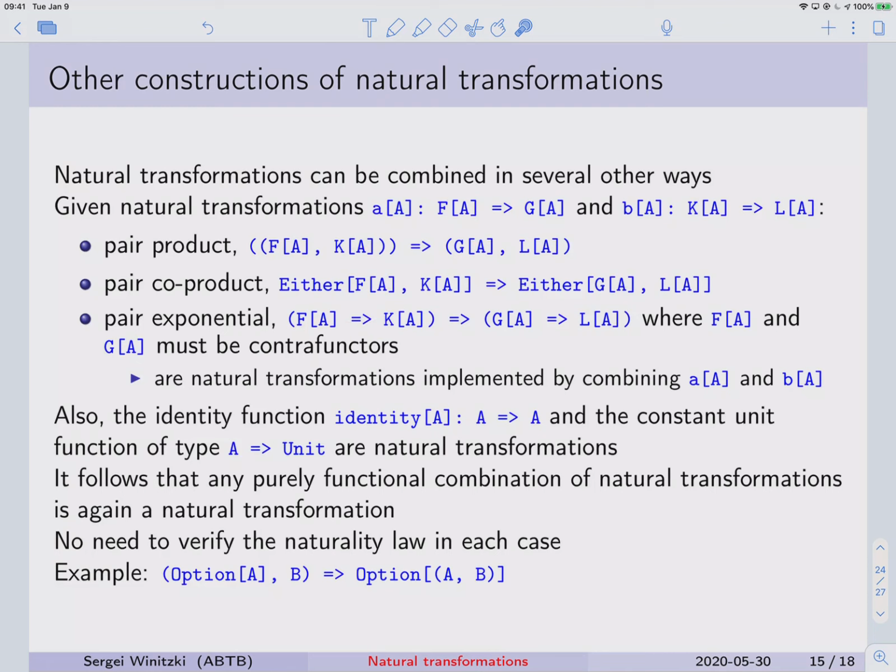So you can prove that using the same techniques as I was showing. And then you have proved that basically any purely functional combination of natural transformations again gives you natural transformations. So you don't really need to verify naturality laws if all you did is combine some obviously natural transformations like identity functions, option, unit type, pair, and so on.